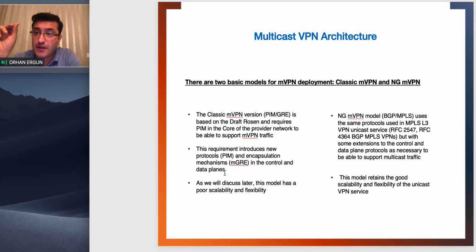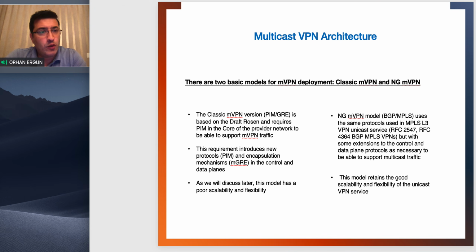So far, classical MVPN, this is the definition. The Rosen GRE, if I say, you will understand PIM inside the provider network and GRE tunnel, basically, instead of a label switch path for the multicast, okay? Label switch path in that case is used only for unicast traffic, and GRE tunnel is for the multicast traffic.